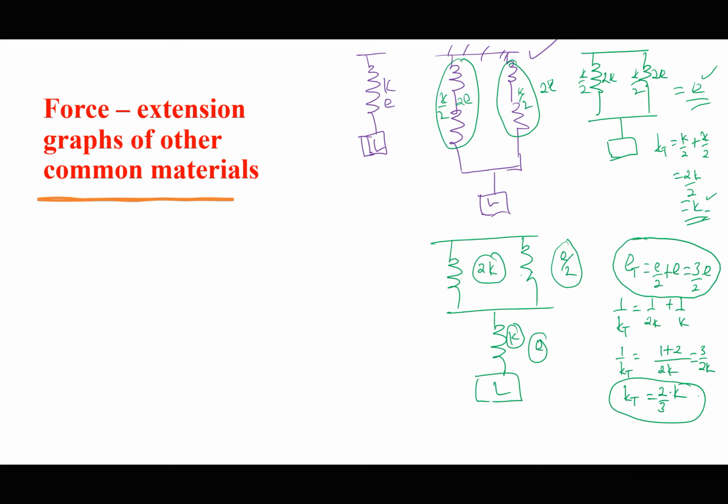There is a relationship between the coefficients of the total extension and the total constant. And of course, this comes from Hooke's law, where force is directly proportional to extension. From F equals Kx, K is inversely proportional to the extension. So the coefficients are going to be the reciprocal.